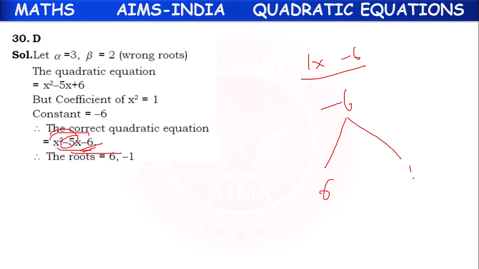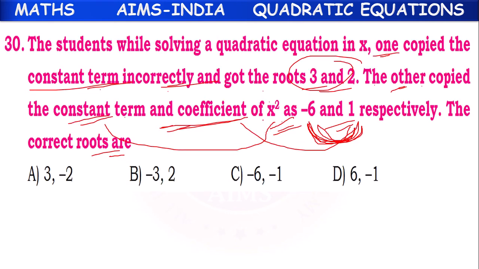So we can take 6, 1 is 6, but in the middle, minus 5 is there. We can take minus 6 plus 1.